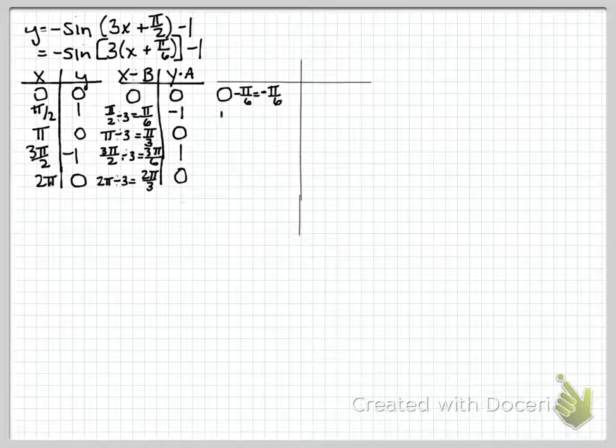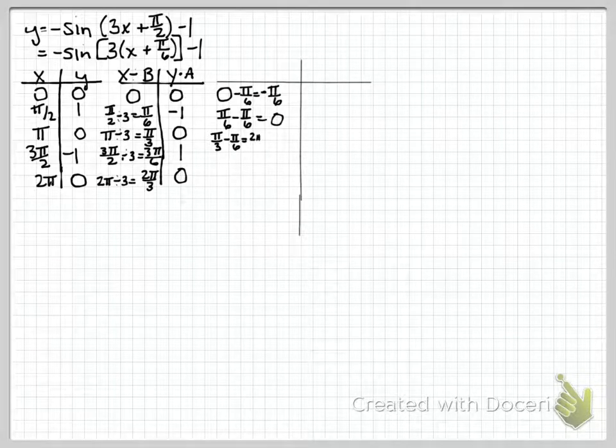Pi over 6 minus pi over 6. That's a 0. Pi over 3 minus pi over 6. Common denominator is going to be 6, so that becomes 2 pi over 6 minus pi over 6.